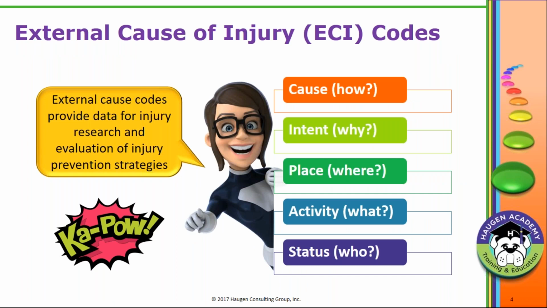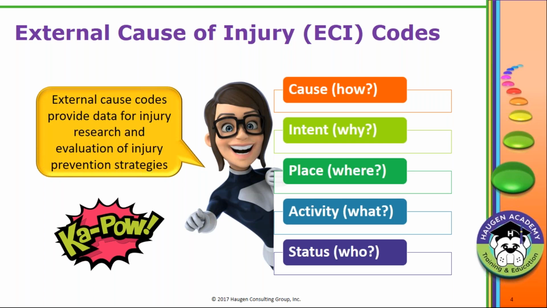So first of all, going into external cause of injury codes, and we don't call them E-codes anymore. I think some people still call them E-codes, but now E-codes are endocrine. So these are codes that start with 4 different letters, and throughout this presentation I will be referring to them as ECI codes. And that's how they're referred to on the UB.